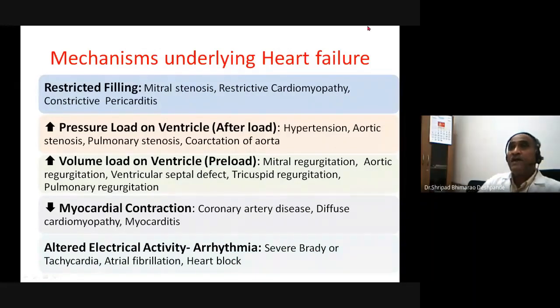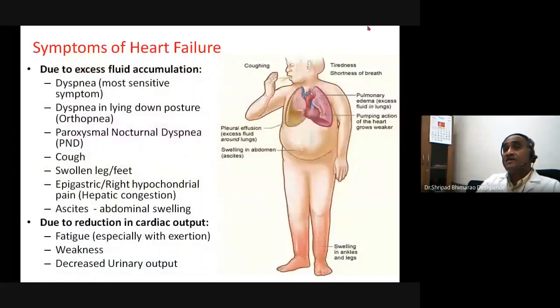Now coming back, what are the symptoms of heart failure? The first and foremost is dyspnea. To start with, dyspnea on exertion, then dyspnea occurs when in the lying down posture.